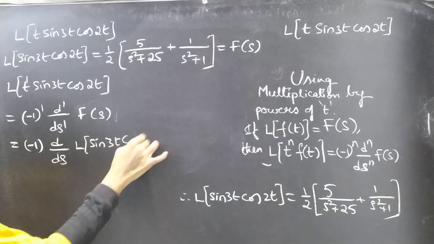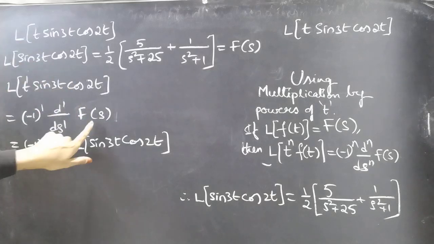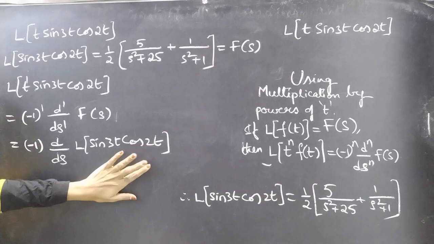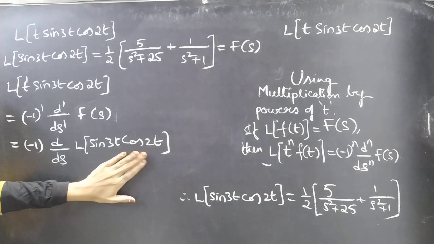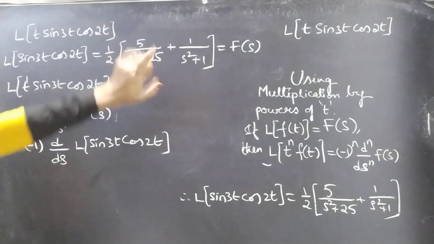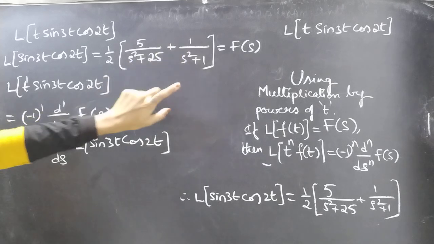It is not necessary to write this. Just to show you that f of s is nothing but L of sine 3t into cos 2t, I just wrote this. It's not necessary to write this here. Fine. So our f of s is 1 by 2 into 5 by s square plus 25 plus 1 by s square plus 1, right?